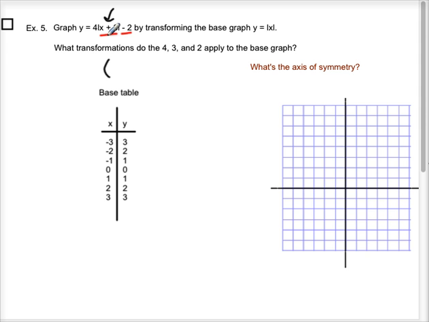So our vertex is being shifted to the left 3, and then down 2. So that's where this vertex is going to lie, down at -3, -2. So that's still going to be the first point that I plot, and then I'm going to make my axis of symmetry.